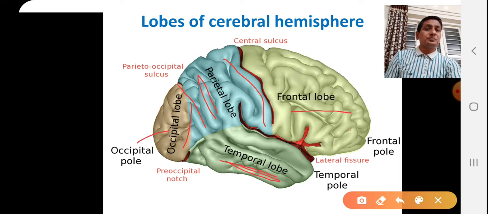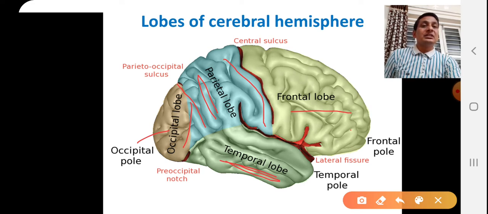These four lobes are divided by major sulci, that is the central sulcus, lateral sulcus, and parieto-occipital sulcus. The lobe in between the frontal pole and the central sulcus is the frontal lobe. The lobe in between the central sulcus and parieto-occipital sulcus is the parietal lobe, and below the lateral sulcus is the temporal lobe.